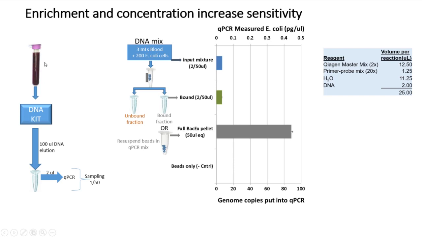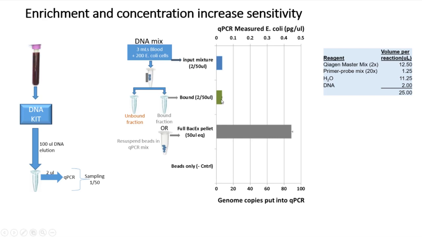So 3 mL of blood, 200 E. coli cells, isolate the DNA, take 2 microliters or 1/50th of that, and now we can run a PCR reaction just straight away, no enrichment. And you would expect something like 8 cells worth in there. And indeed, we get just under 10 cells. We get a signal that looks to be the equivalent of about 10 cells. If we do enrichment, we see the same kind of thing.